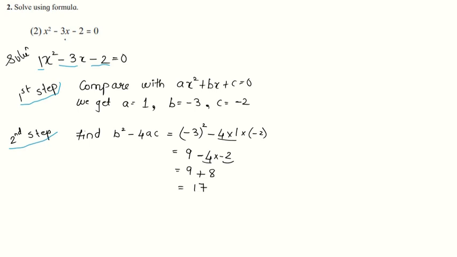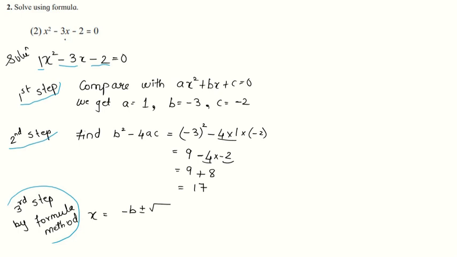Okay, now the third step is by formula method. We need to find the value of x is equal to, what is the formula? Minus b plus or minus square root of b square minus 4ac upon 2a is equal to, what is minus b?